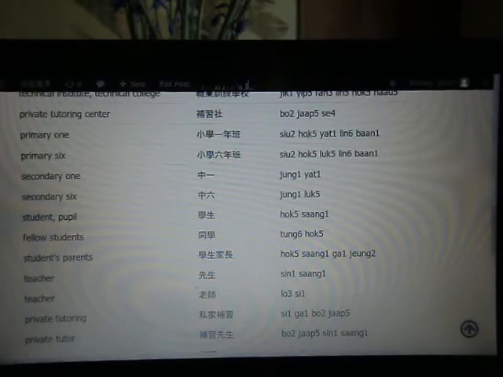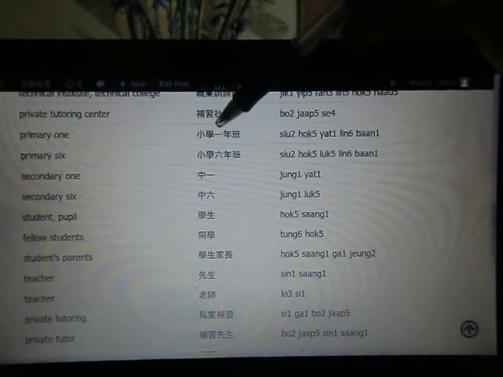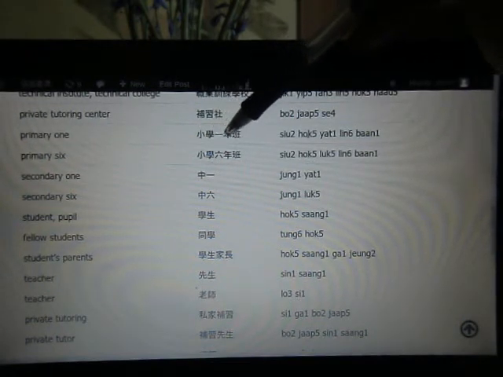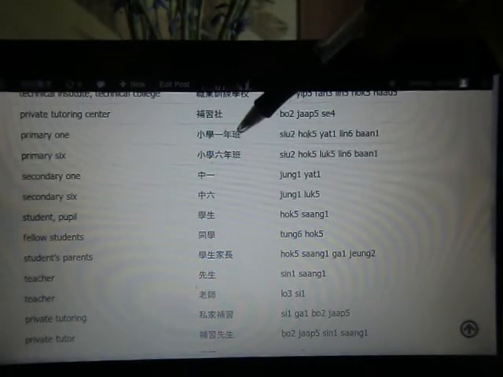And then in Hong Kong, the school system is like we have primary 1 to primary 6. So we have something like 小學一年班. 一 means 1, 年 means year, 班 is the class.